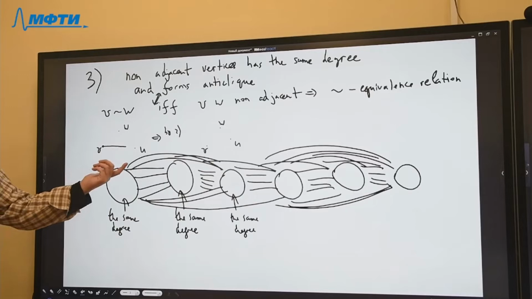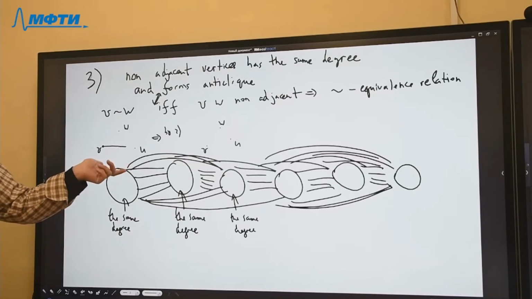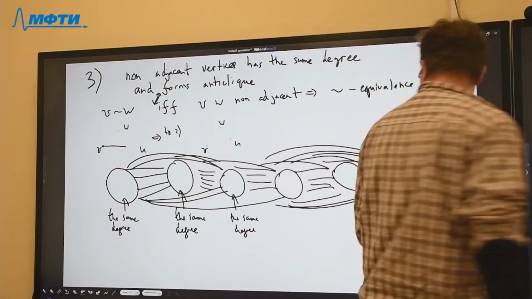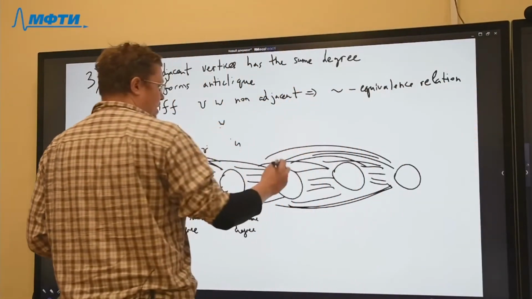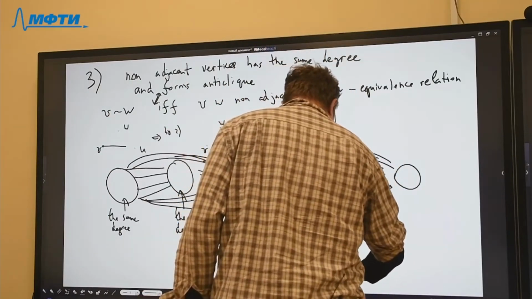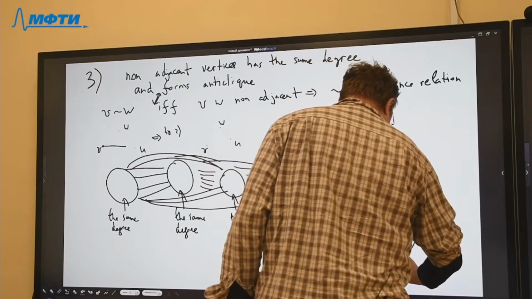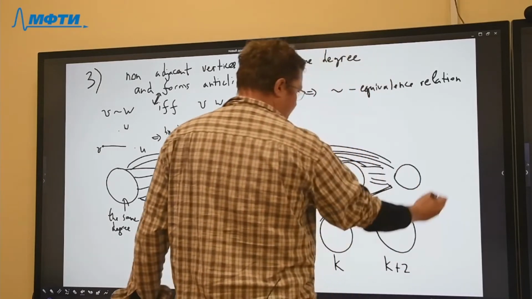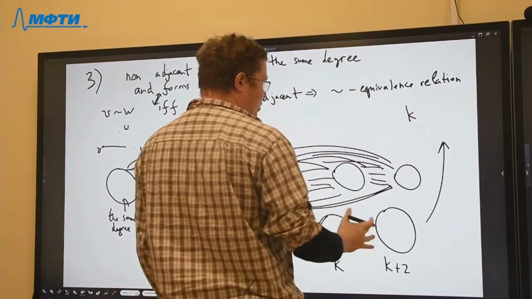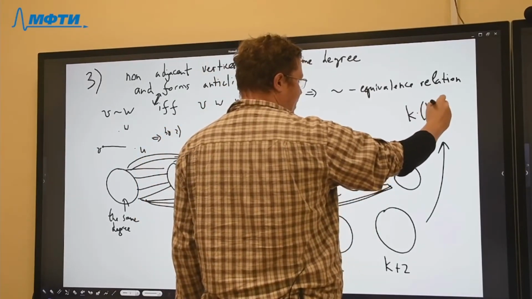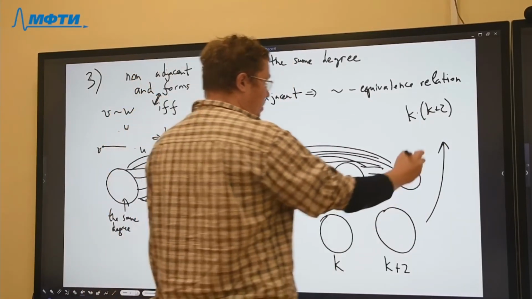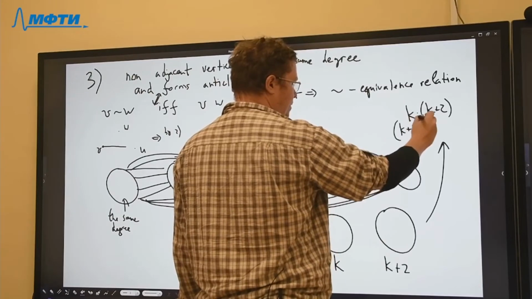If we have two parts that differ by 2, for example k here and k plus 2 there, we can change them to have more edges. We have k times k plus 2 edges here, but we can change it to k plus 1 times k plus 1.